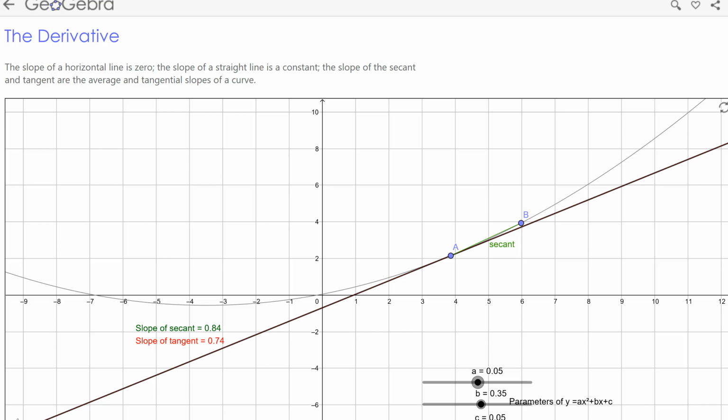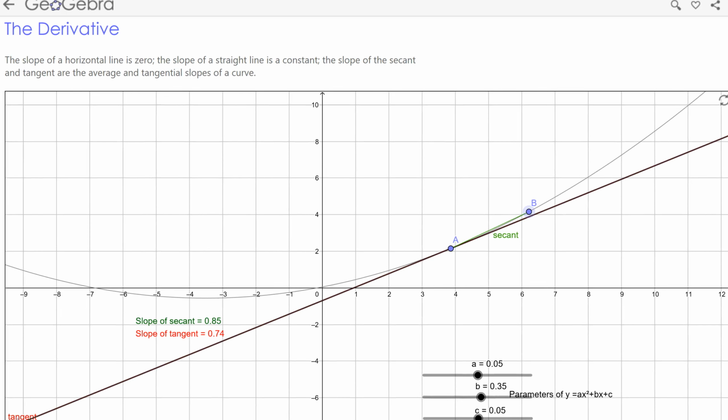Now that's different to the slope of the secant that I've drawn in there at the moment, and particularly if I take point B further out, then the slope of the secant starts to vary drastically to the slope of the tangent.